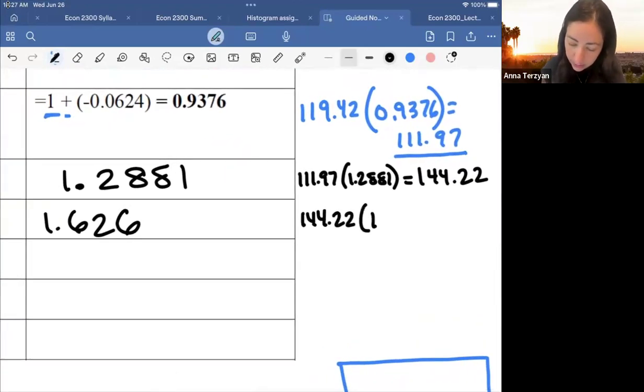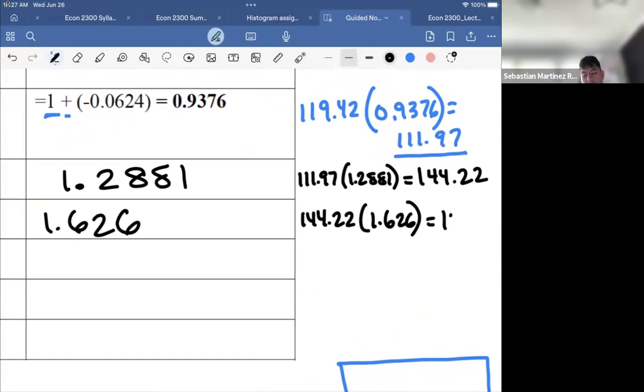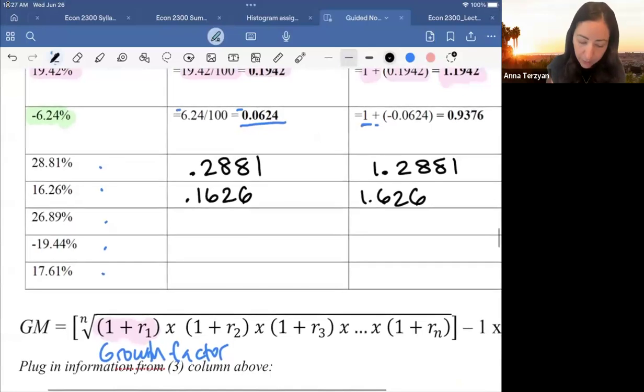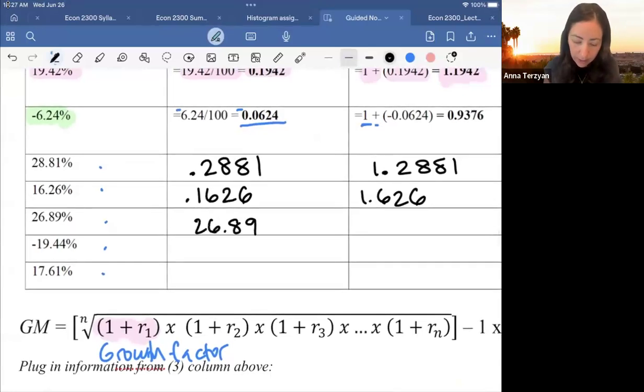So we have 144.22 times 1.1626. How much money do we have at the end of that period? 167.67. Okay, next year, we have 26.89% growth. Right, this one is negative.